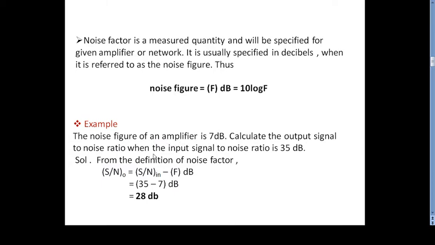Calculate the output signal to noise ratio when the input signal to noise ratio is 35 dB. From the definition of noise factor, the output signal to noise ratio equals the input signal to noise ratio minus the noise figure. So 35 minus 7 gives 28 dB signal to noise ratio at the output.